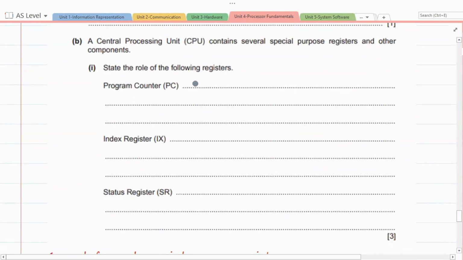State the role of the following registers: program counter, index register, status register. We have just covered all these and this is of 3 marks. Just write your answers and I'm going to show you the answer key and mark scheme. Compare your answer with that. You may pause the video.